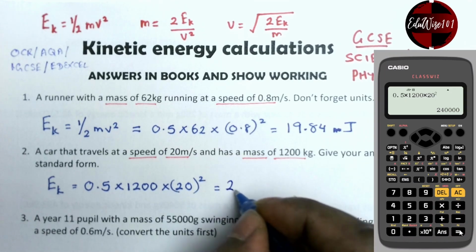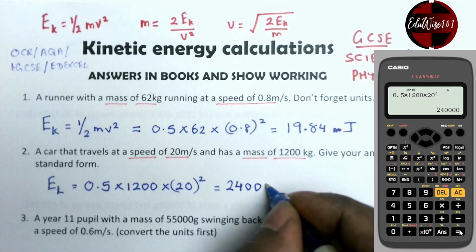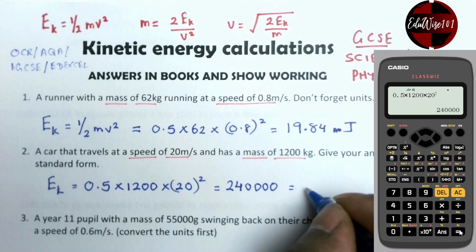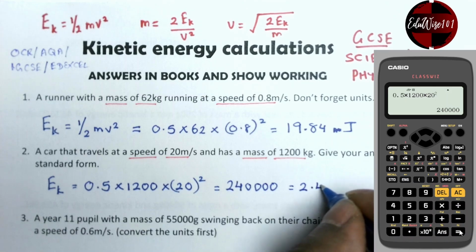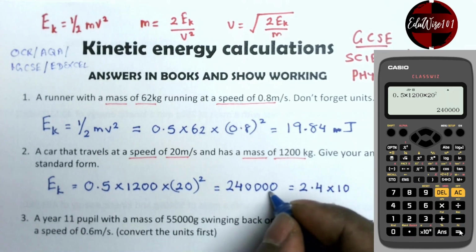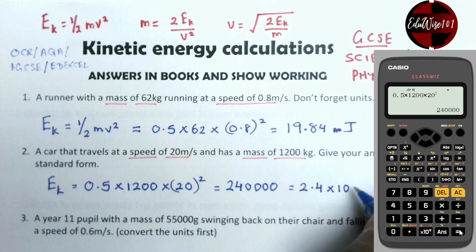So let's write that number first, 240,000, and I can write that in standard form, 2.4 times 10 to the power 1, 2, 3, 4, 5 joules.